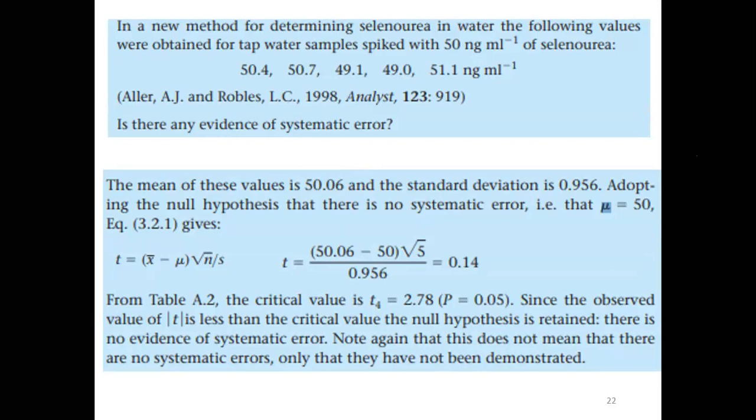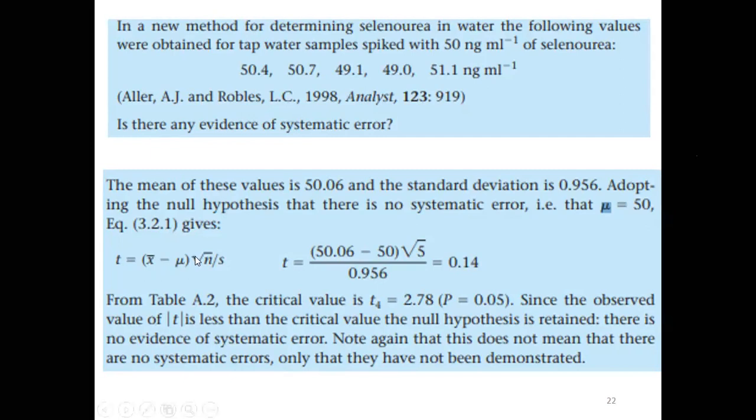Then we have to have a null hypothesis. The null hypothesis is that there is no systematic error, and that means mu equals 50. Then we have to test that hypothesis using the t-test.